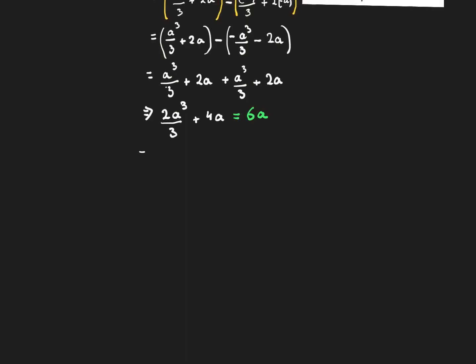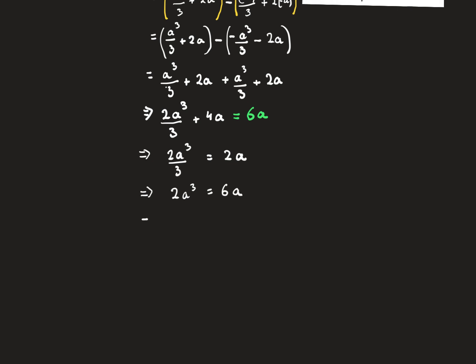So more algebra here, and we have 2a cubed over 3 is equal to 2a, because I've put the 4a onto the other side. And one more go, 2a cubed is equal to 6a.